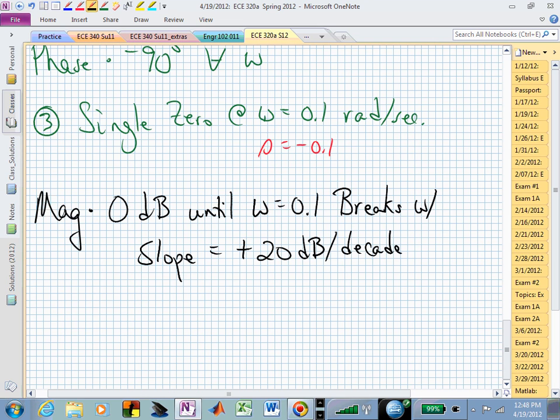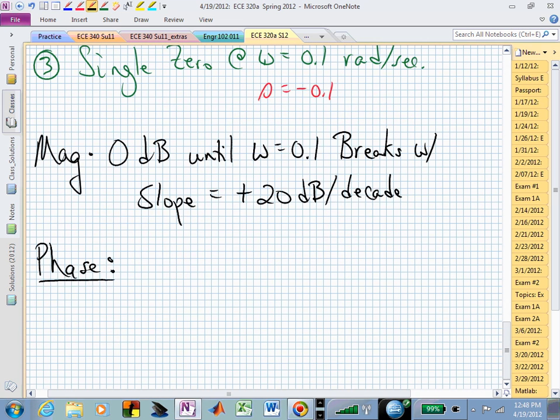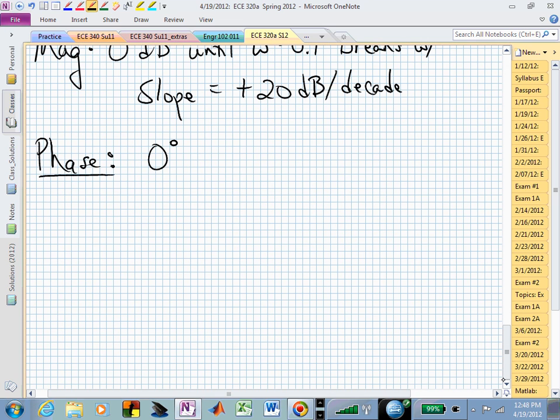And that's how I could verbally express what's going to happen when I sketch this linear factor. It's flat at 0 dB until I reach the break, and then I'm going to go up at plus 20 dB per decade. What's the phase look like? Again, I picked these 3 different frequencies. The most I can ever get out of a single linear factor is 90 degrees. It'll be plus 90 if it's upstairs, minus 90 if it's downstairs. It's going to be approximated to be 0 a decade before the break.